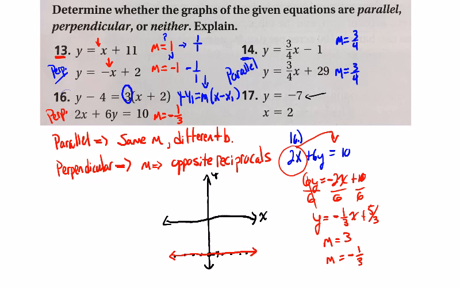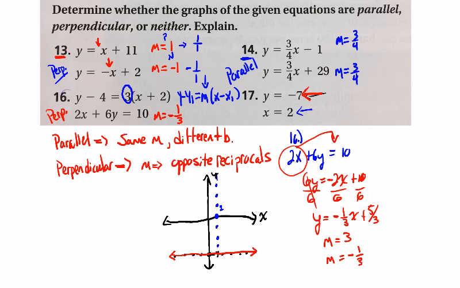Let me just put a red arrow pointing at it so that you can remember. And then let's do this one in blue. What does x equal 2 mean? X equals 2 means that no matter what the y values are, the x values are all 2. So if this is 2 right here, then all of these points represent the line x equals 2.